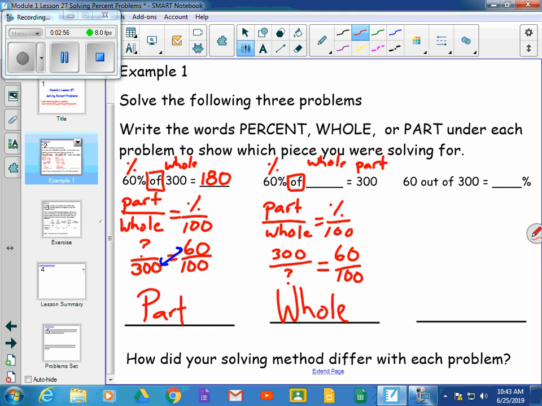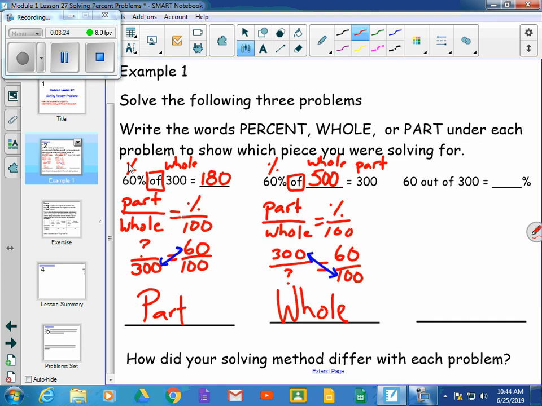I'm going to cross multiply the two that are given this time, which are 300 and 100. 300 times 100 equals 30,000. And then we're going to divide that by 60. 30,000 divided by 60 is 500. So our whole in this particular question is 500.